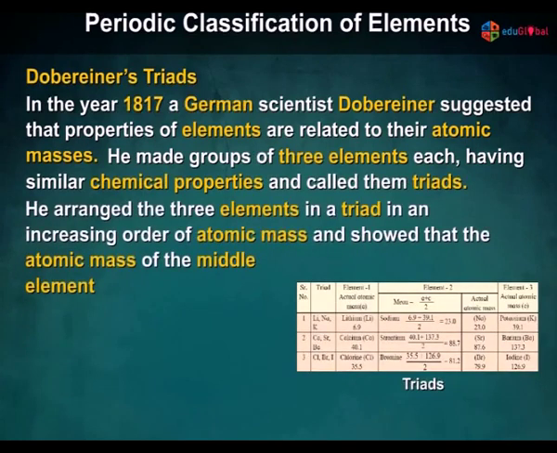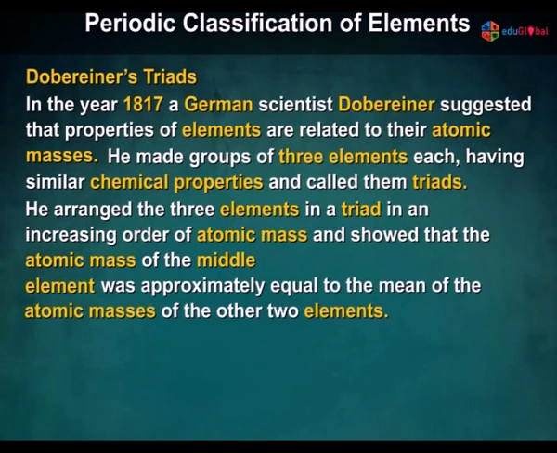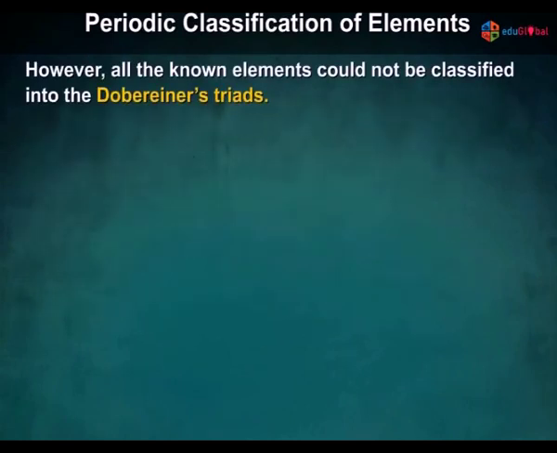He arranged the 3 elements in a triad in an increasing order of atomic mass and showed that the atomic mass of the middle element was approximately equal to the mean of the atomic masses of the other 2 elements. However, all the known elements could not be classified into the Dobereiner's triad.